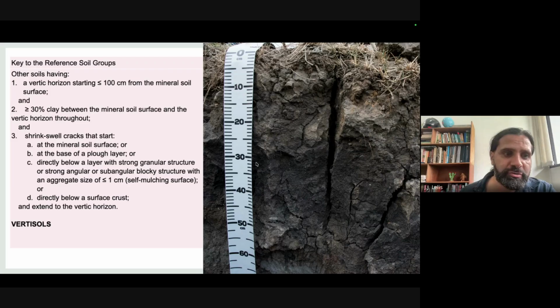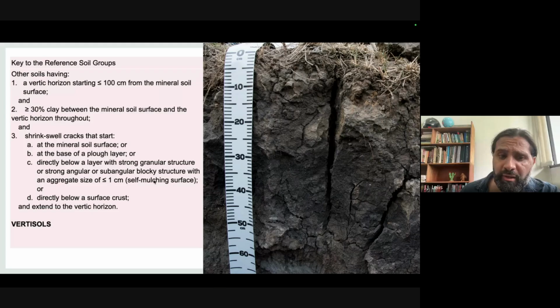And I should see shrink-swell cracks like these ones, and they should start at the mineral soil surface, like here, at the base of a plough layer, a layer that was moved or transformed by humans, or directly below a layer with strong granular structure or strong angular or subangular blocky structure with an aggregate size equal to or below 1 centimeter, because of the self-mulching surface.